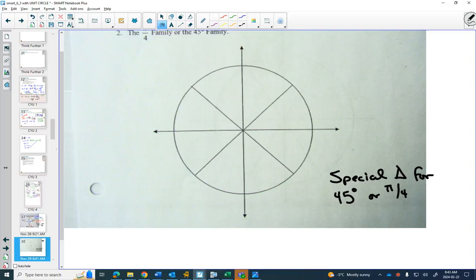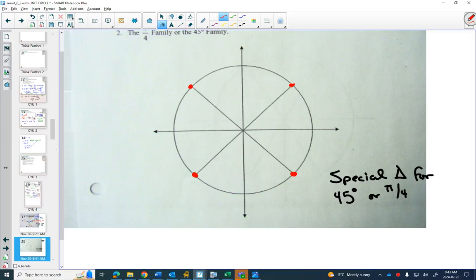So in the 45-degree family, we are looking for these coordinates. And in order to find those coordinates, we need sine theta, cos theta, and tan theta for 45 degrees.